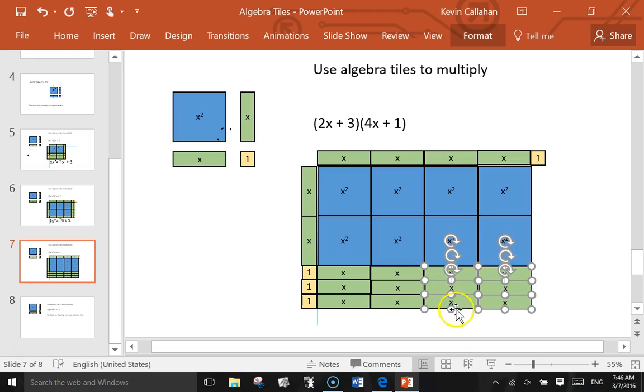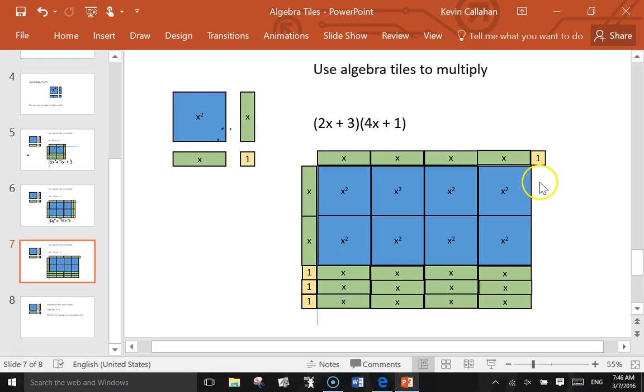Okay, there's that. Now what else do I still have to do? I need 2 x's to go here, right? Yeah, and then 3 1. Okay. Like I said, if you were drawing it yourself, you'd probably be done by now.